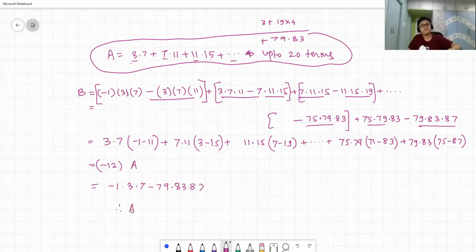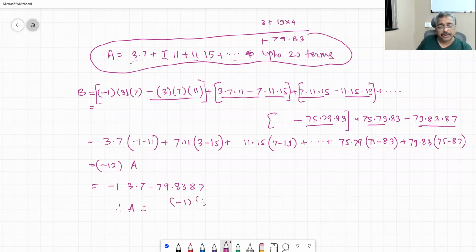A is equal to minus 1 into 3 into 7 minus 79 into 83, 79 into 83 into 87 whole divided by minus 12.